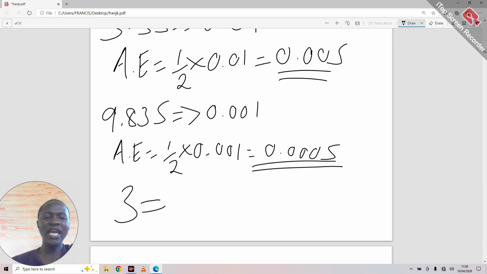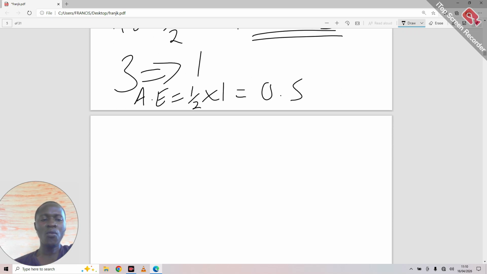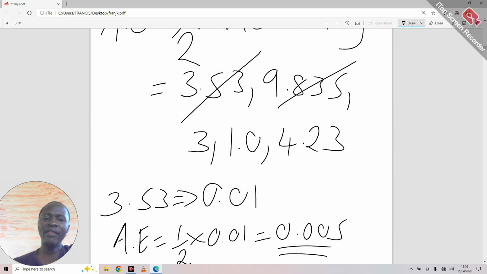Let's check on another number, that is 3. The absolute error in 3, guys, is what? The accuracy in 3 is 1. That means the absolute error will be a half multiplied by 1. A half multiplied by 1 giving us what? 0.5. Let's check on another number.